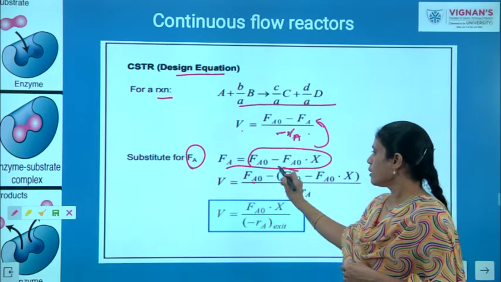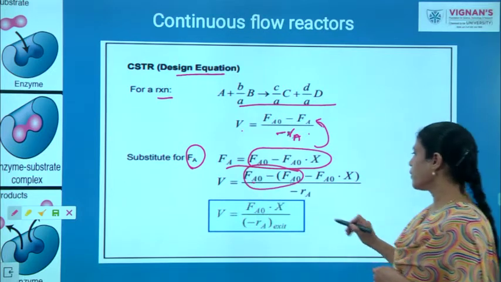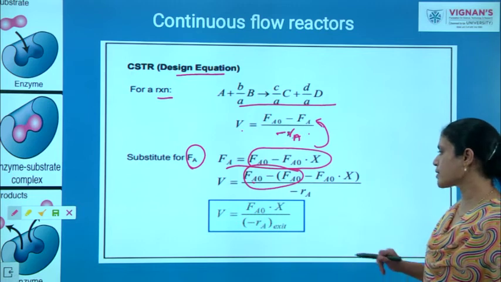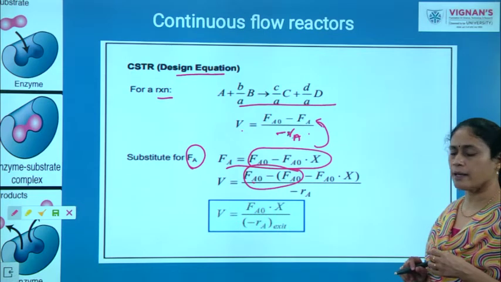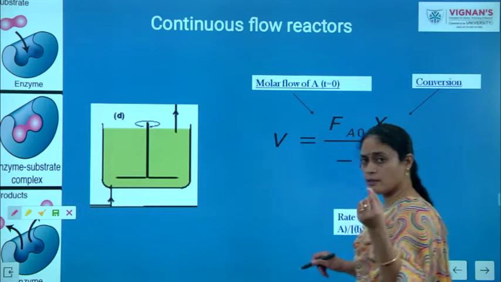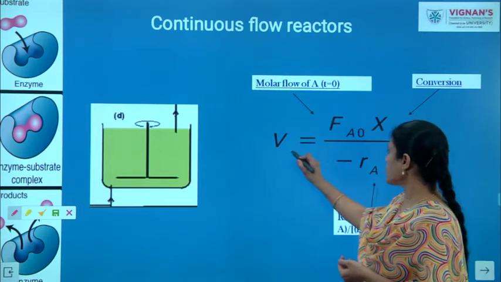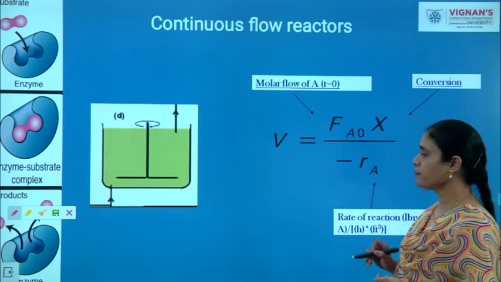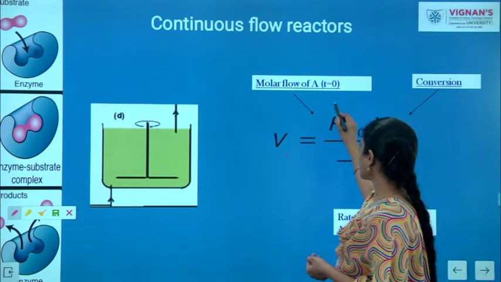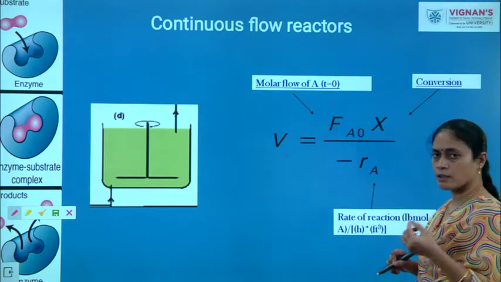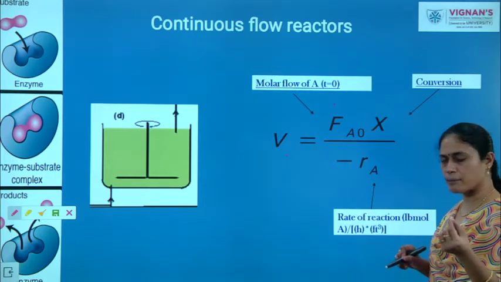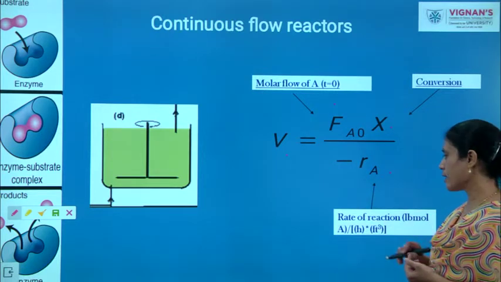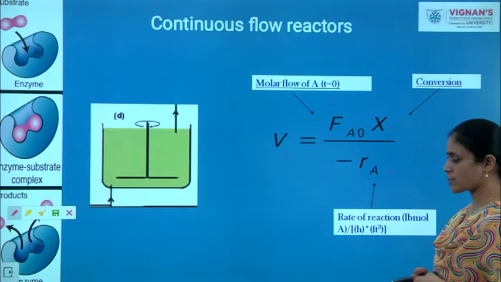Upon subtraction, we definitely get V is equal to FA naught into X divided by minus RA. Let me elaborate the equation: V is equal to FA naught into X divided by minus RA. Here, FA naught is the molar flow rate of substrate A at time T equal to 0, X is the conversion, and RA is the rate of reaction.